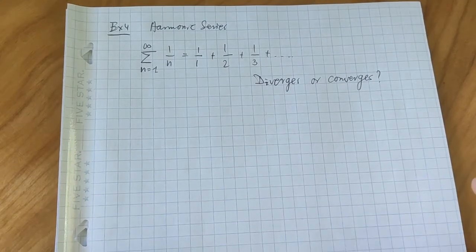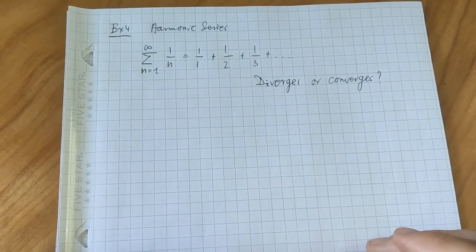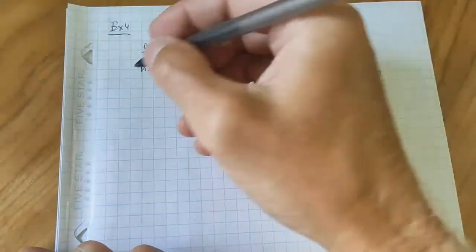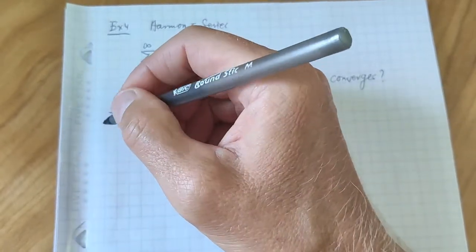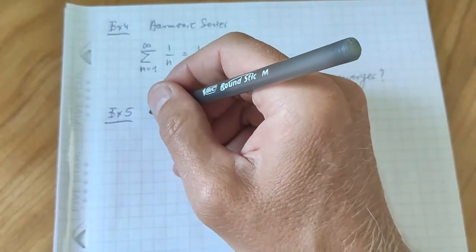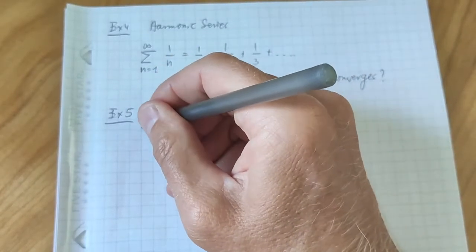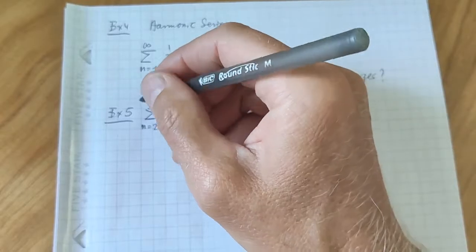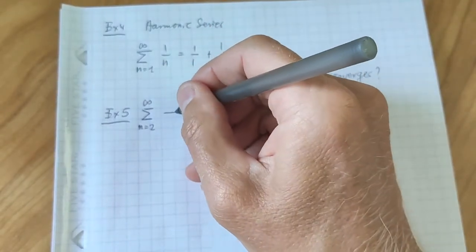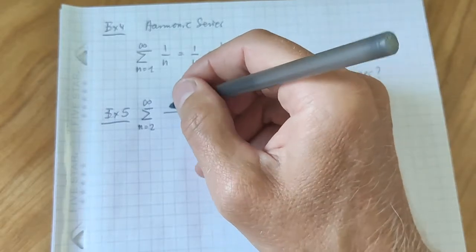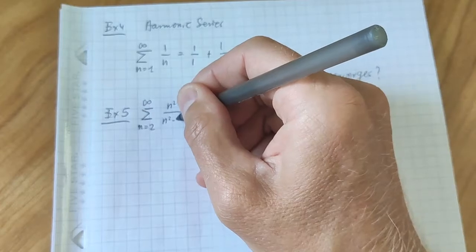So let's leave this series for now. Let me give you more examples, maybe a little more interesting. So example 5. So this one is from 2 to infinity, and we'll have n squared here, n squared minus 1 here.